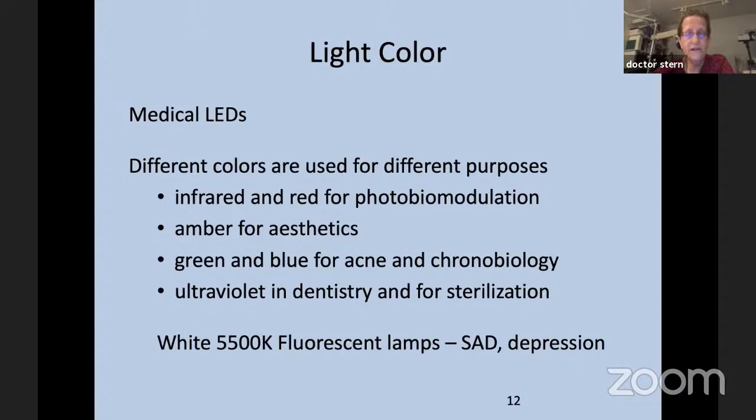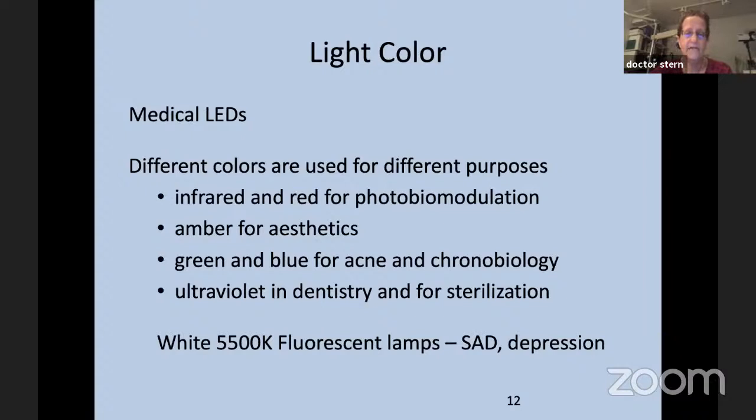And then in dentistry, they use a lot of ultraviolet, especially for sterilization. And we've also known for many years that 5,500 Kelvin, Kelvin is what's called color temperature. If you have 2,300 or 2,500 Kelvin, that's that more yellow light you get from an incandescent bulb.